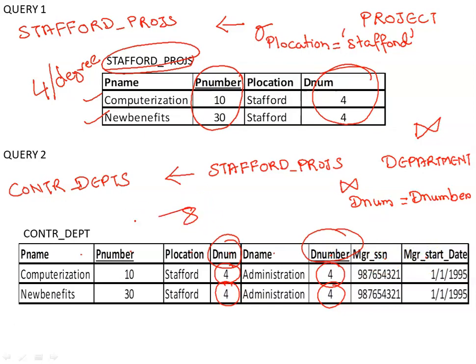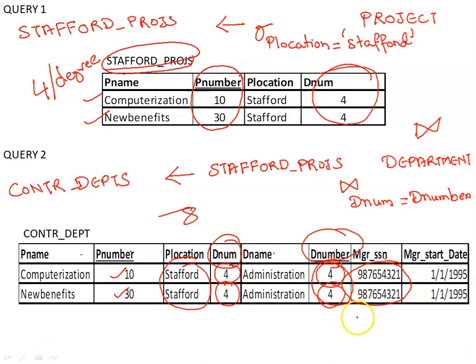Now the information that I have got is that project number 10 and project number 30 are located in Stafford and they are controlled by department number 4. The manager of the department is with this particular ID. Now my job is only to find out the name of this manager or the other details of this manager.